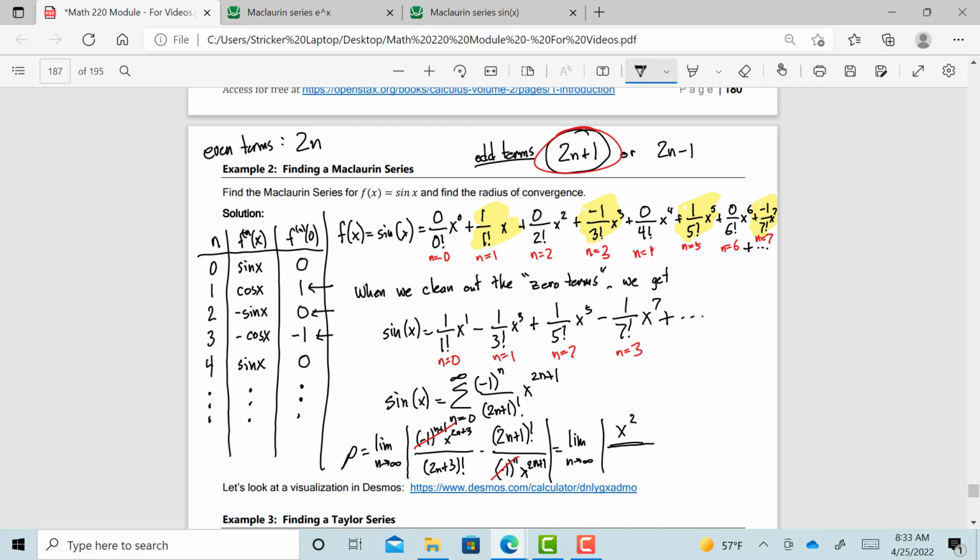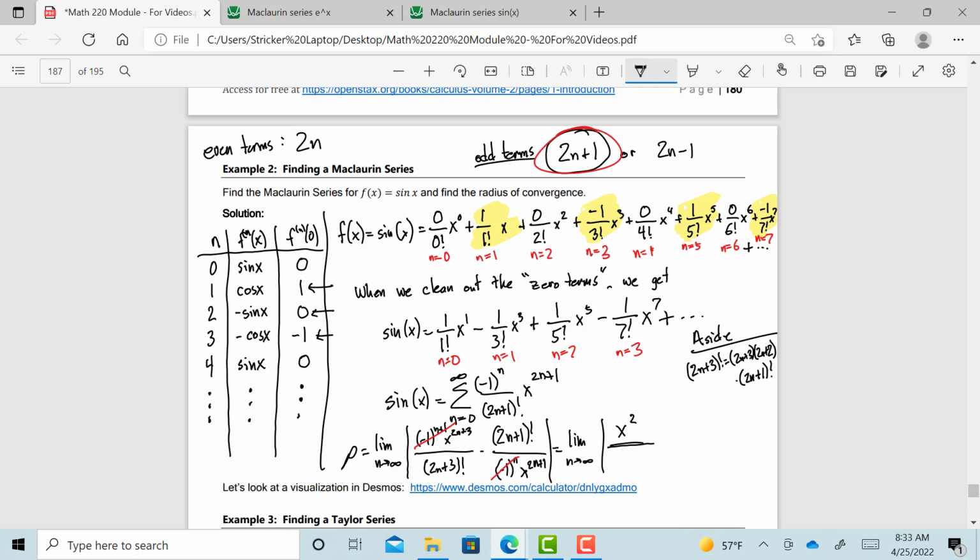If I do this on the side, remember, 2n plus 3 factorial means 2n plus 3 times 2n plus 2 times 2n plus 1 times 2n, so basically times 2n plus 1 factorial.